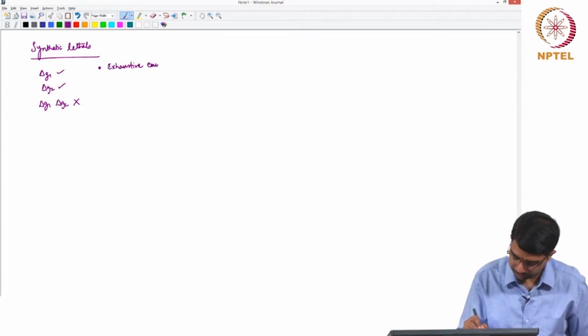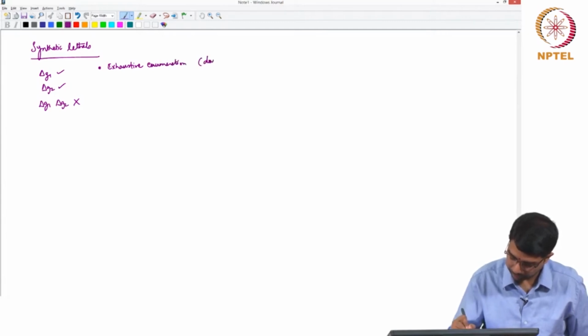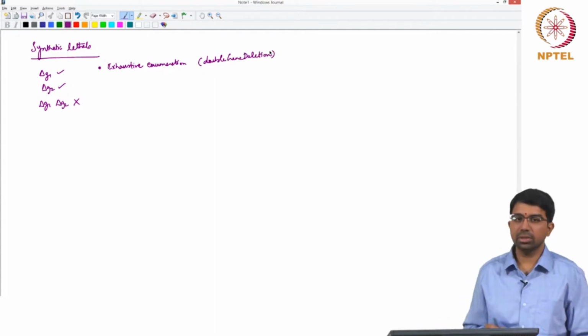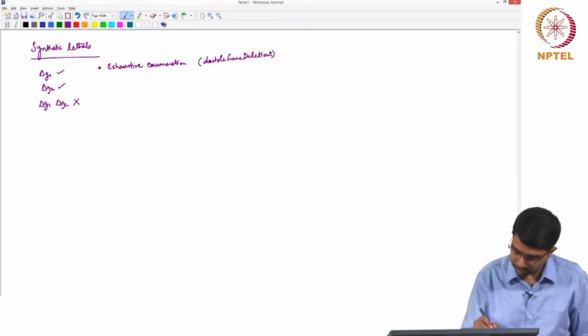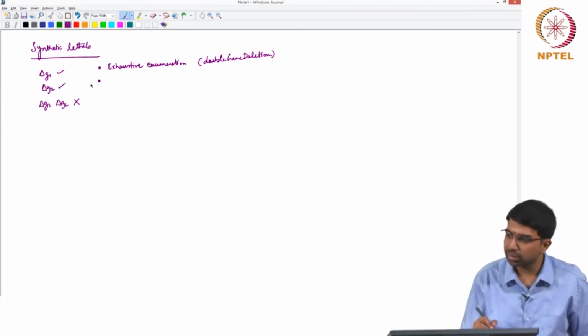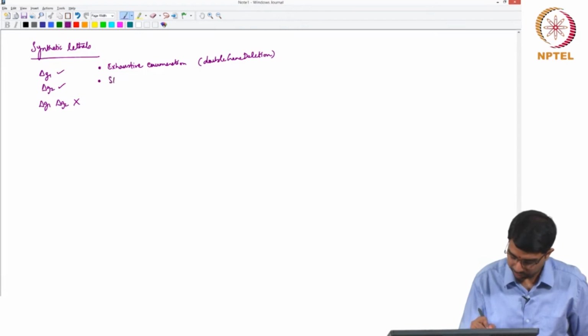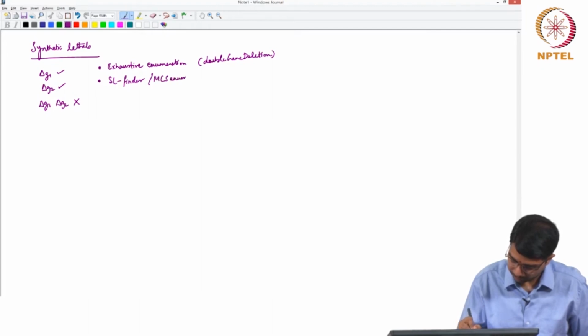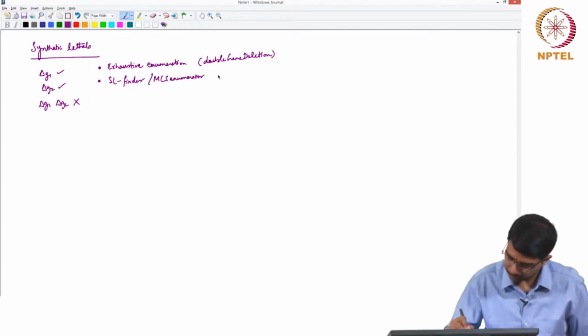exhaustive enumeration, double gene deletion in COBRA. Better ways are SL finder or MCS enumerator, but both use MILP.